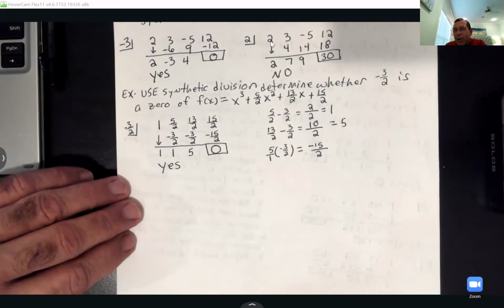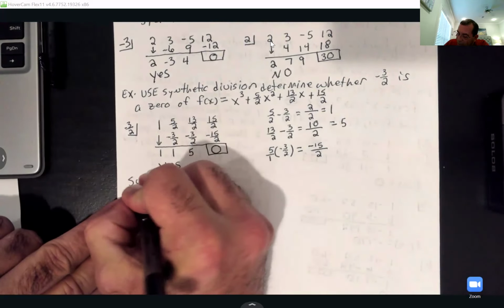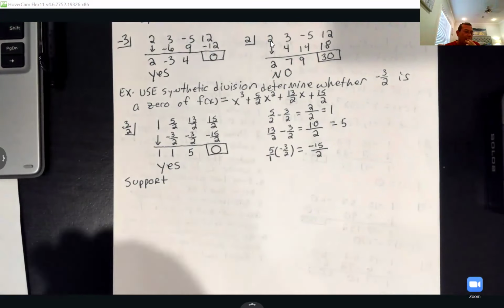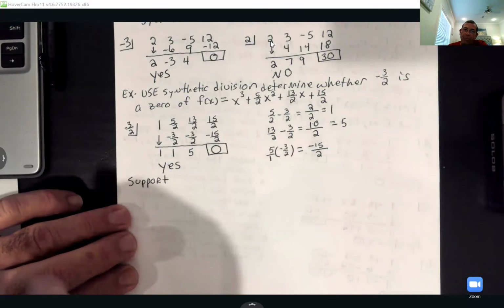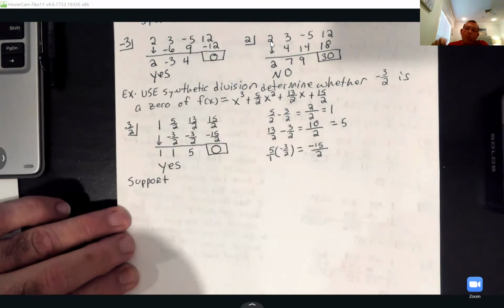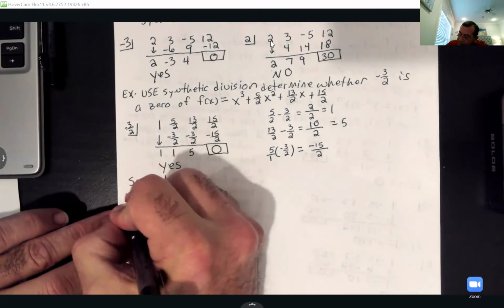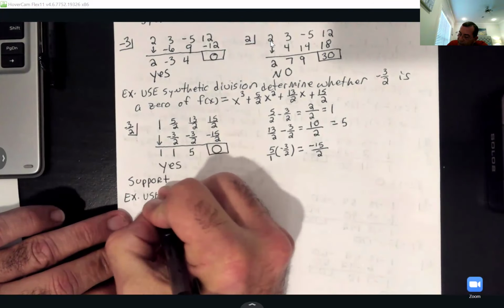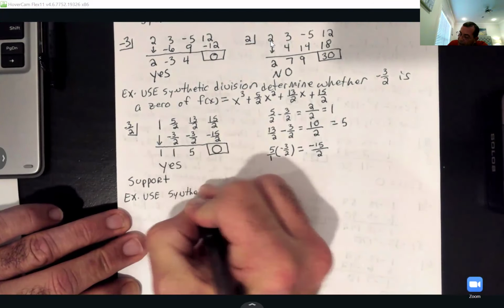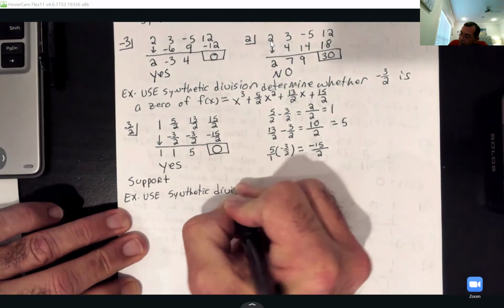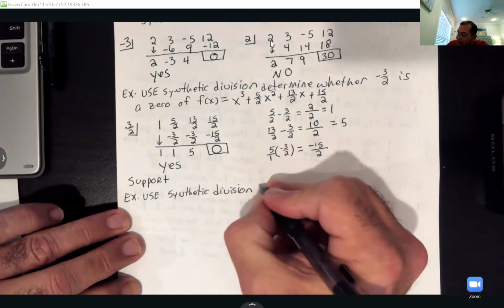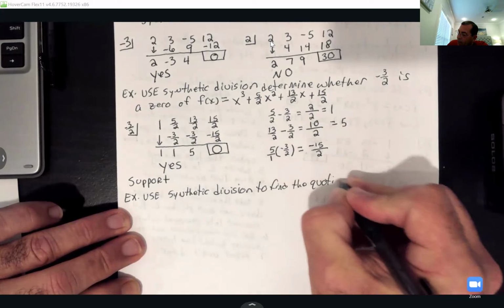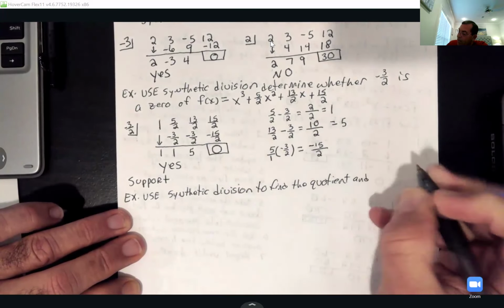All right, so let me show you one like you'll see in the support. I think support has 3 of them, so I'm going to do one of these. Now remember, support, I'm going to use it to find the quotient and remainder. So for support, they want me to use synthetic division to find the quotient and remainder.